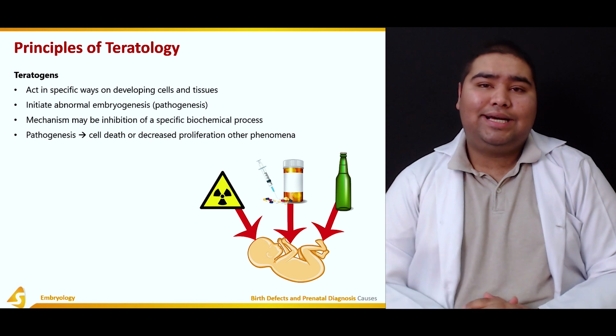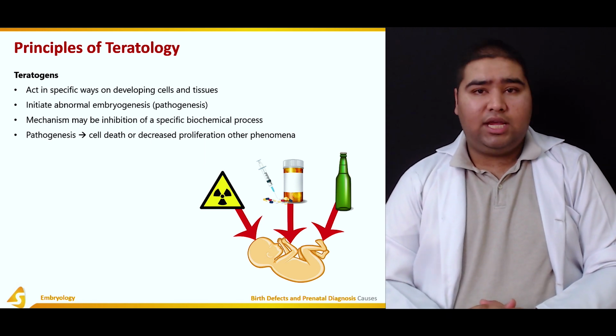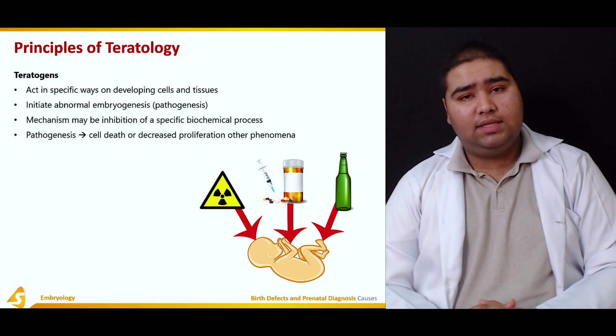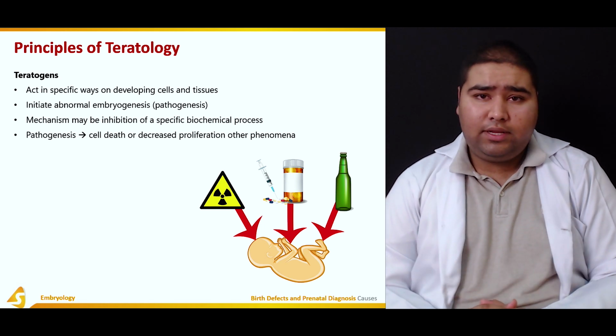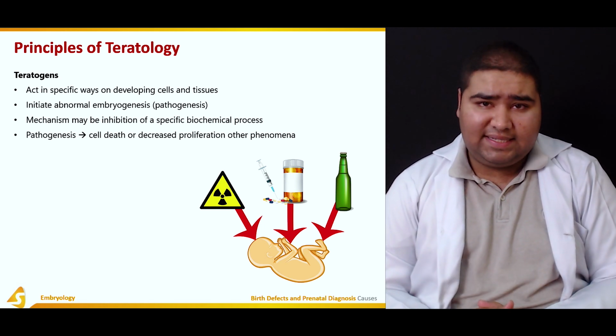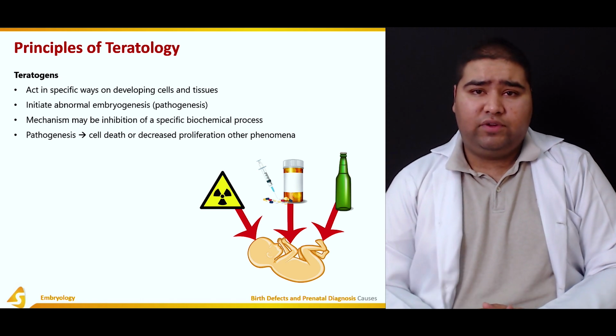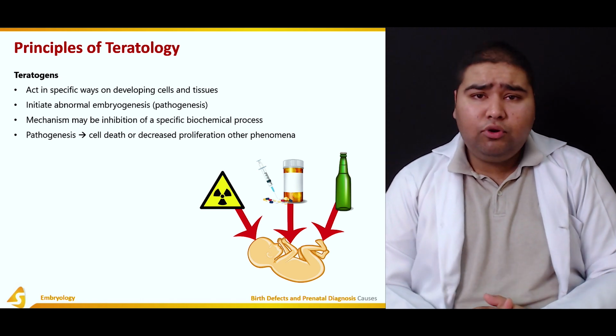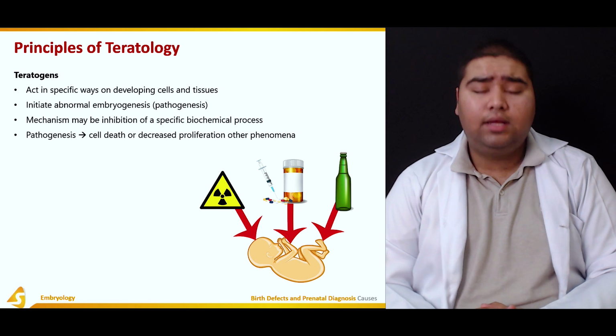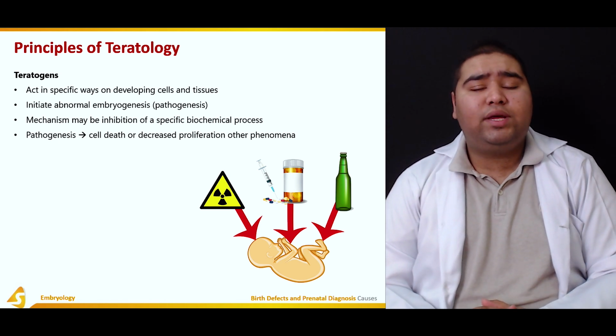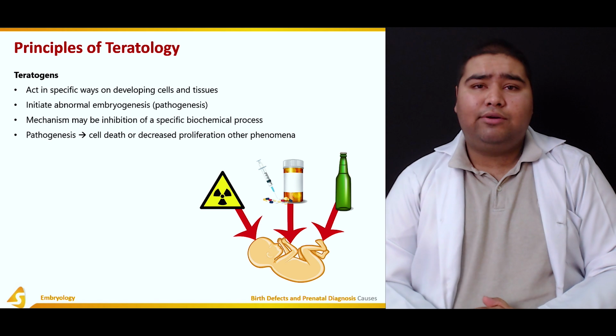What is it in a nutshell? It is an outside or an inside agent that acts on the rapidly proliferating fetal cells, as a result of which either their proliferation is decreased or they cannot act the way they are supposed to act. And how does it do that?